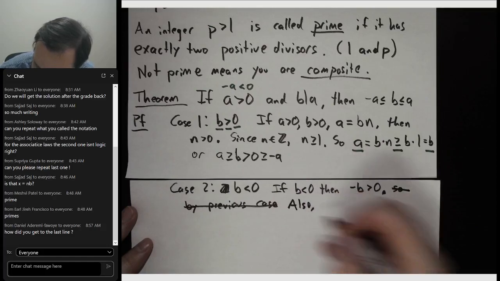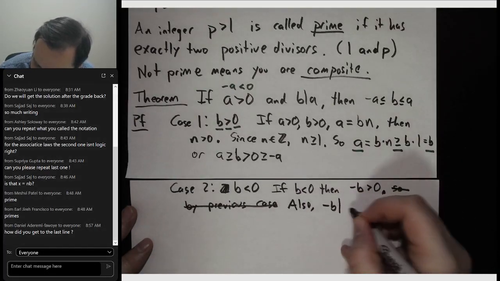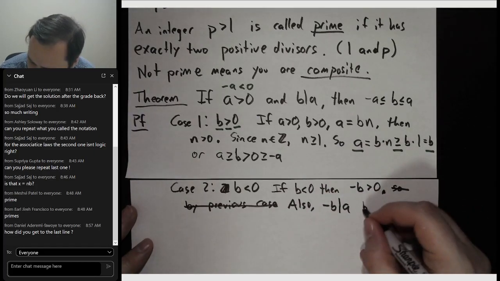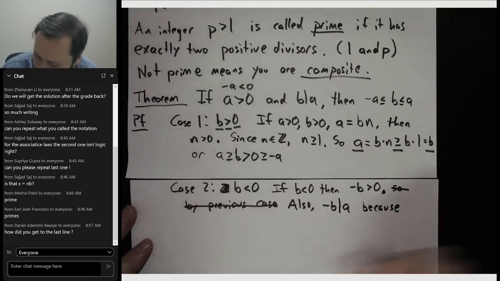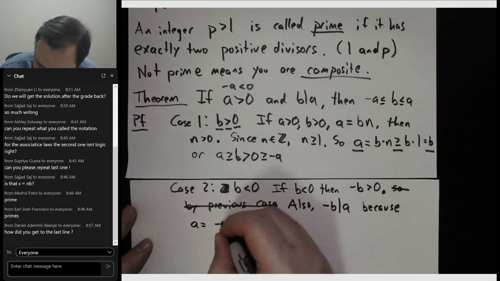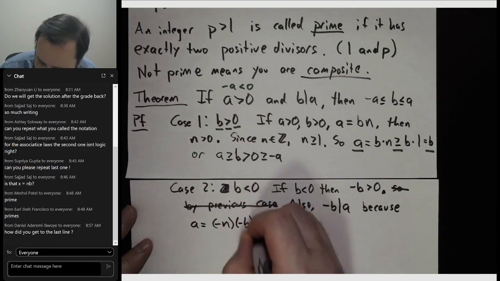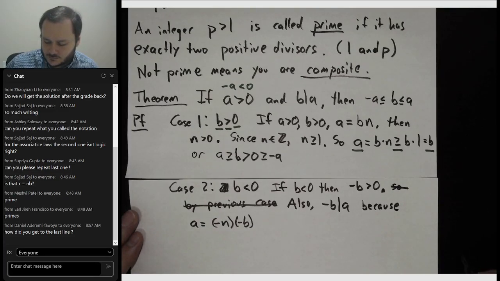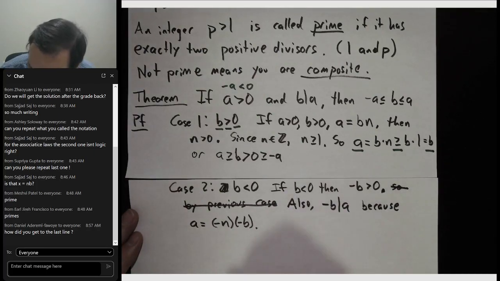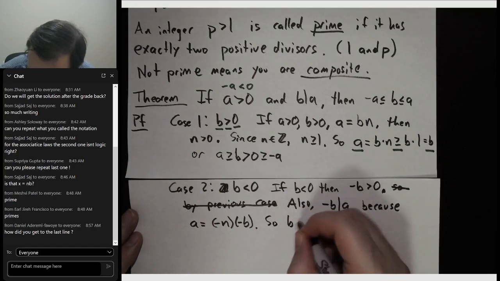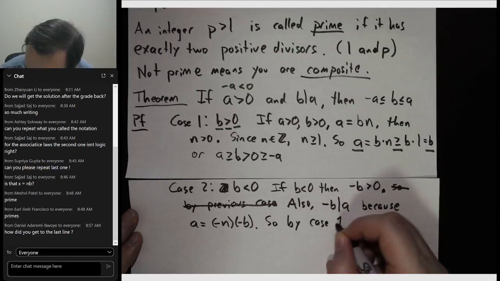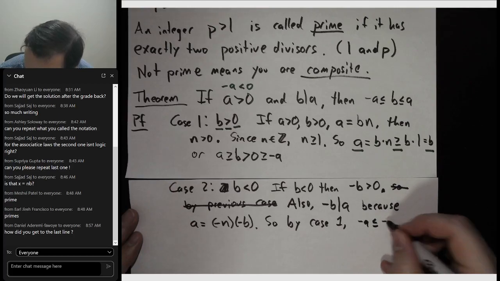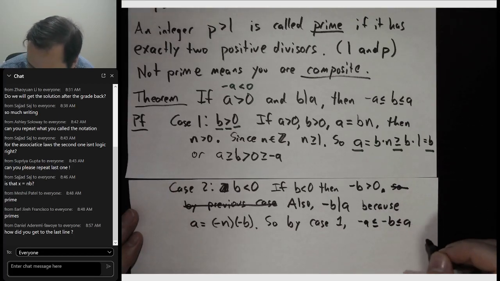Also negative b divides a as well. If b divides a, then negative b divides a because a is equal to negative n times negative b. So now, by case 1, I know that negative a is less than or equal to negative b is less than or equal to a.